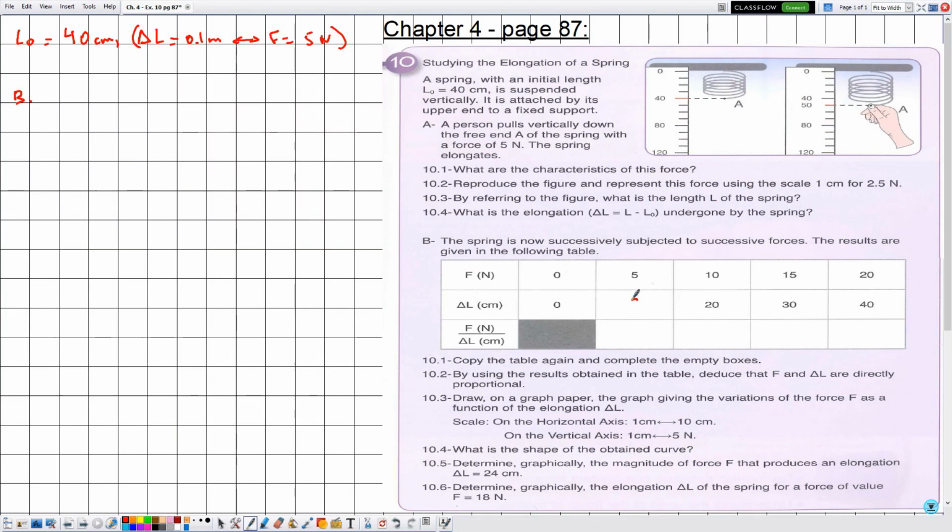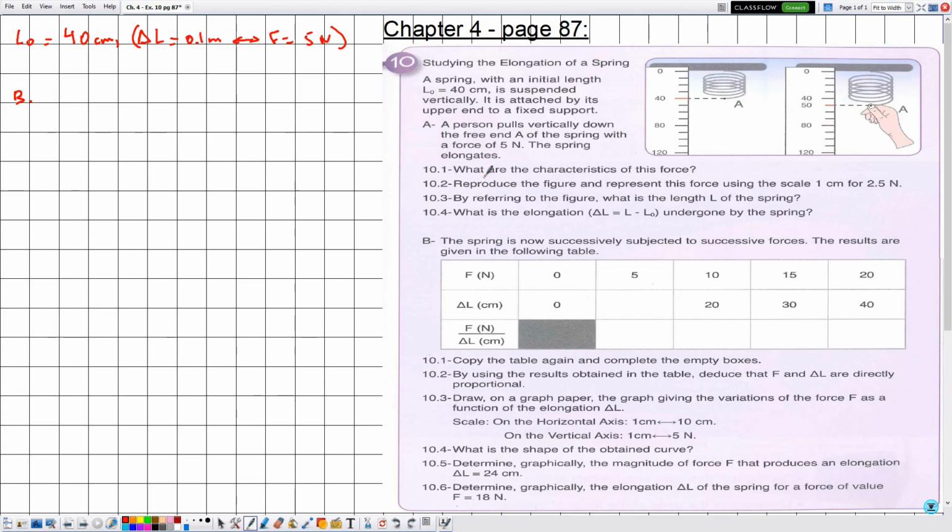So in this one here, they are telling me that the value of F in newtons is given by 5. What is the elongation delta L in centimeters? Whenever the exercise consists of 2 parts, part A and part B, we should always keep in mind that both of these parts are related to each other, so we will use the result of the first part in the second part.